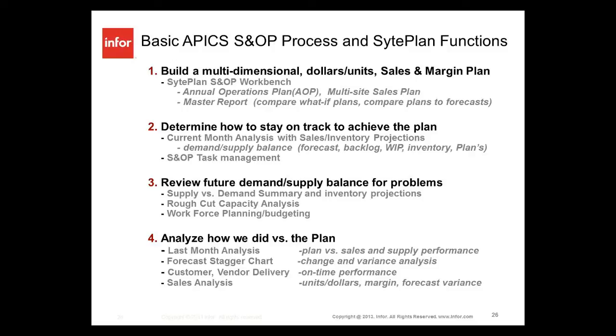Some tools that let you analyze at a high level on-time performance with your customers and from your vendors and drill down to details in real time right there in your meetings. And then some sales analysis, variance analysis type tools that you can look at forecasts and sales plans and compare them to what actually happened.